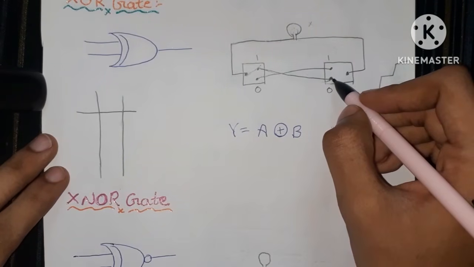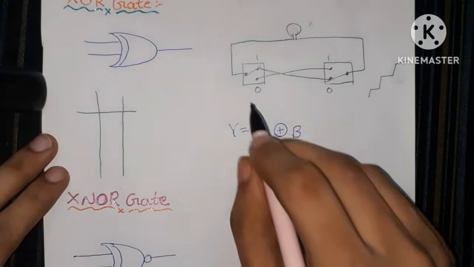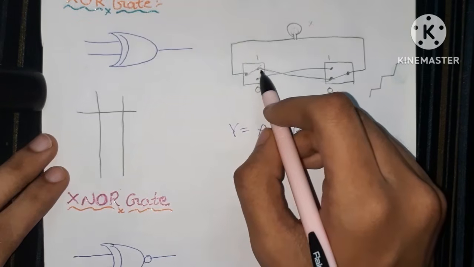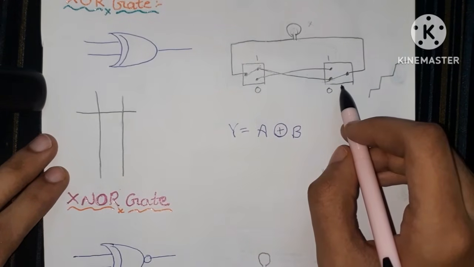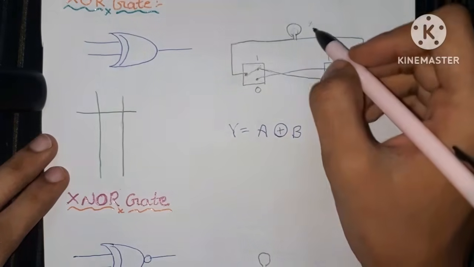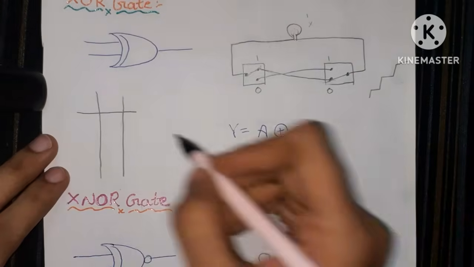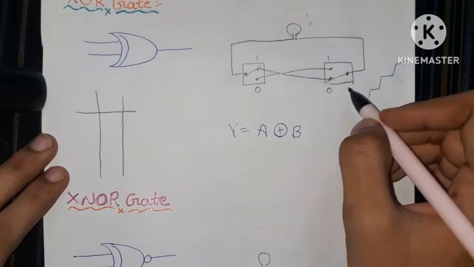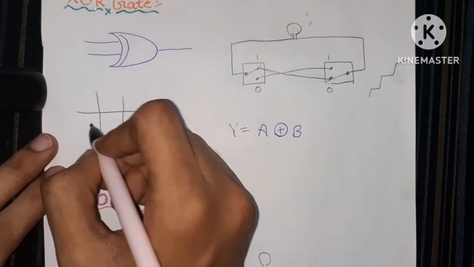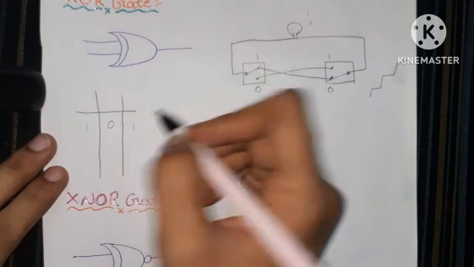Okay, I will close this also. I have already closed this, so now what we can write here: 1 and 0 inputs will keep the bulb glowing, so we are getting 1. So here 1 and here 0, I'm going to write in this truth table. Okay, 1 and 0 is equal to 1.